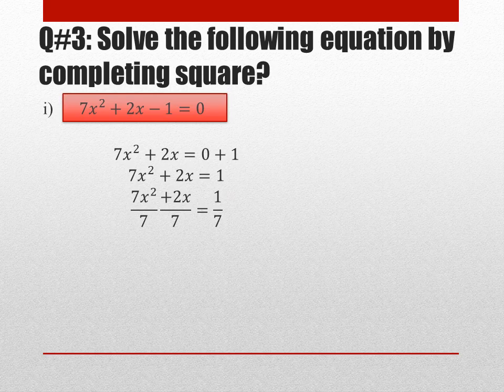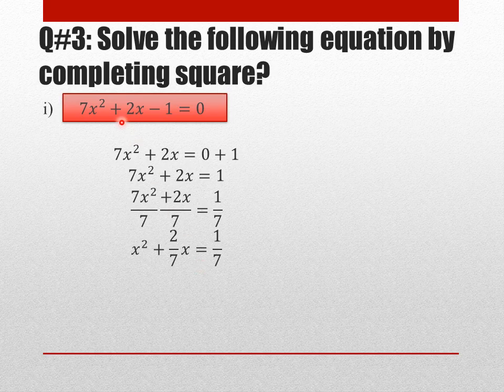So cancelling 7 to 7, it would become x square plus 2 by 7x equal to 1 over 7. What we have done till here is, firstly we took the constant term to the other side of the equation, then the first variable must have the coefficient 1, so we divide the whole equation by 7 and here is the answer.